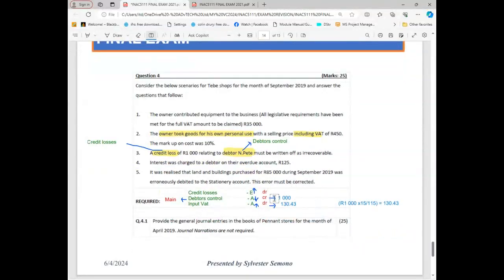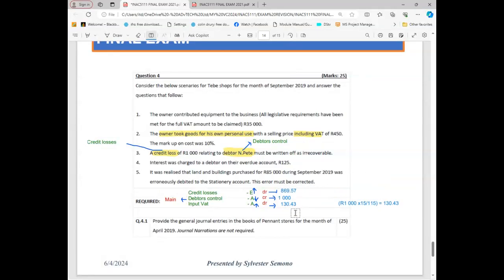Therefore, the difference between the two will be the credit losses. So we just have to say, what is the difference between 1,000 minus 130? Let's see how much we get on the calculator. I get 869.57. This is the amount.